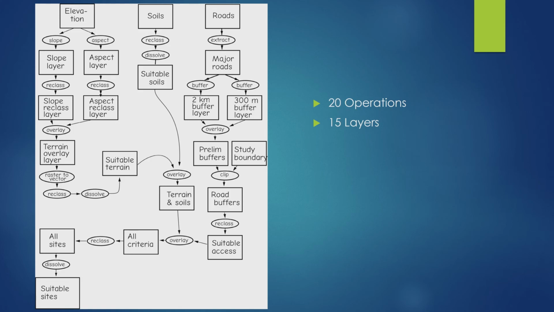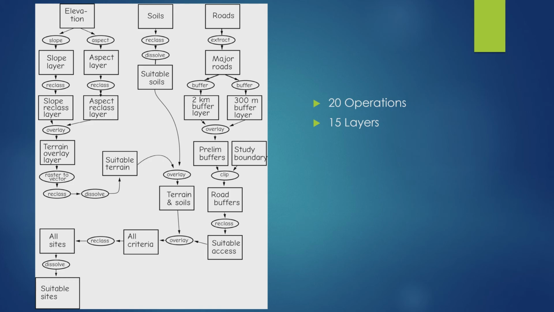The next one is just doing the raster to vector conversion, and you get suitable terrain. If I was doing this personally, I would put the raster to vector conversion before I even did the overlay. But there's more than one way to do things in GIS. All right, so we've got our soils. We reclassify to find the suitable soils. Our roads.